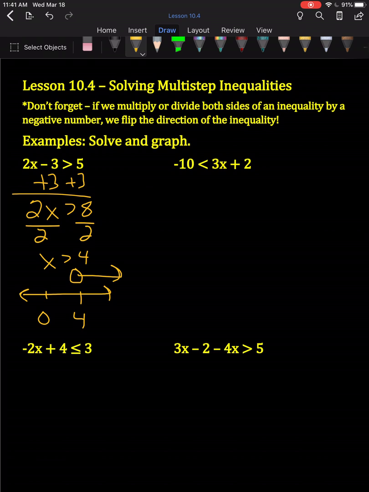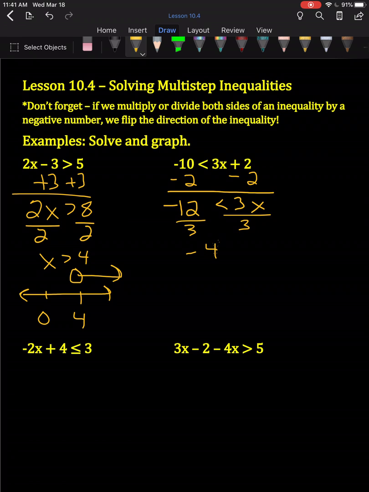If this were just a normal thing, we would subtract 2 from both sides to get negative 12 is less than 3x. And we would divide both sides by 3 to get negative 4 is less than x. Note, I didn't flip the inequality sign because I divided by a positive 3. I don't like this. I'm going to reverse the entire thing.